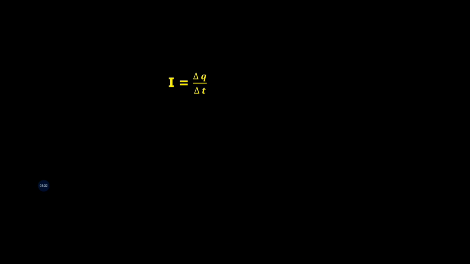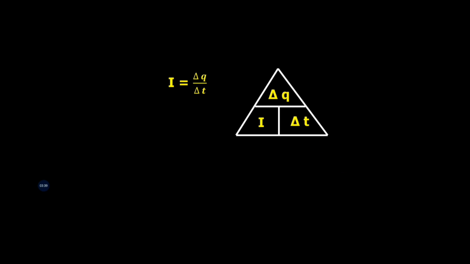By using this triangle, we can place all three quantities inside it and use it to solve problems. For example, to calculate delta Q, we simply take the product of the current and the time. So delta Q equals I times delta T. To calculate the time, we simply take the ratio of the charge and the current. So delta T equals delta Q over I.